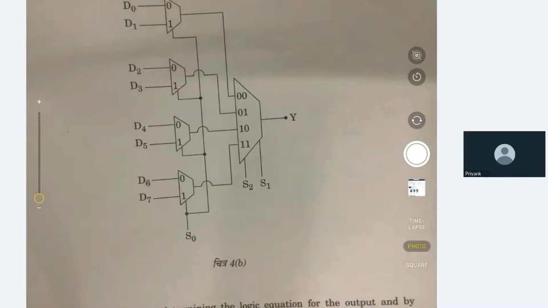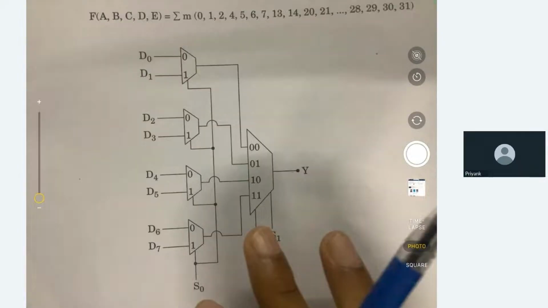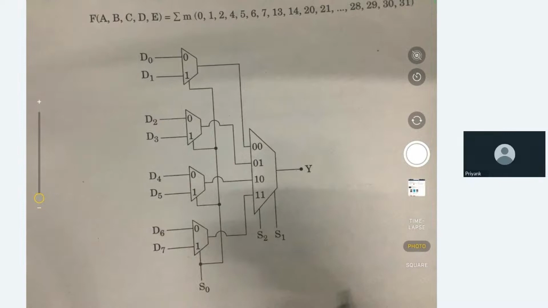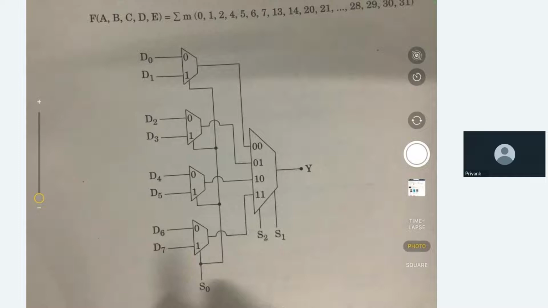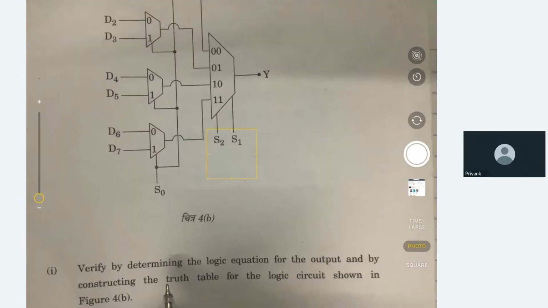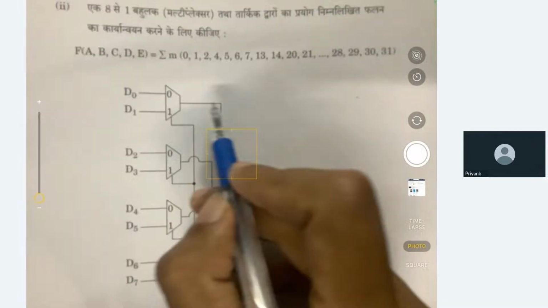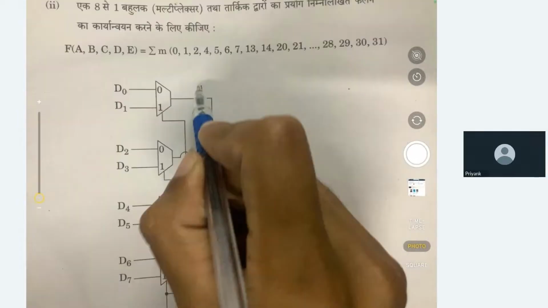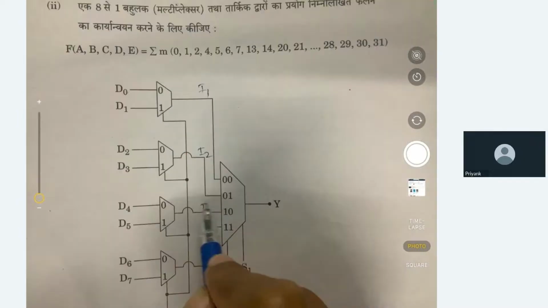Actually, in the actual exam, I found it difficult and I couldn't solve it. I had to leave it. But when I came outside the exam, I found it a very easy question. In this question, let me mark it, write it here. This is I1, I2, I3, I4, and this.